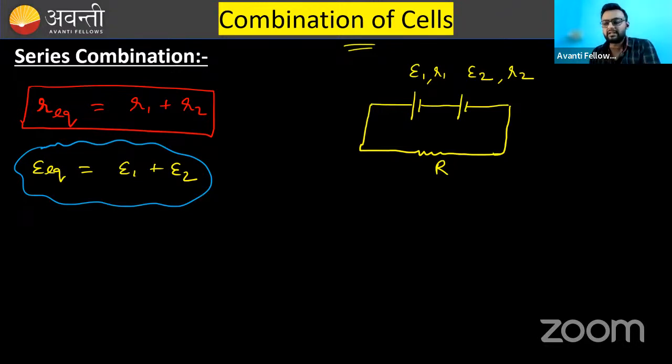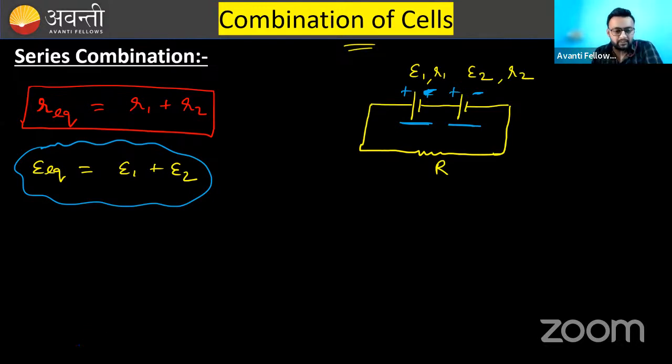This is the simplest thing that I am telling you. Now there might be some exceptional cases. You can see here, the direction of cell in both the cells is the same. That means positive terminal is on the same side.